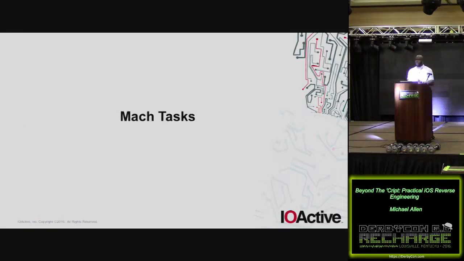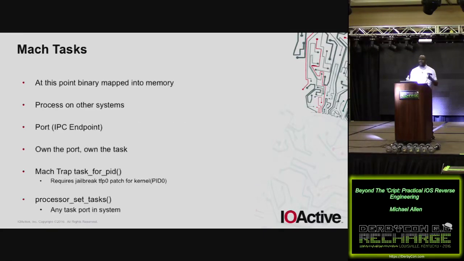So what are Mach tasks? At this point, the binary is loaded into memory, right? And on other systems, you would call this a process. In the world of Mac, this is a task. As with other systems, processes need to talk to each other, and so you have inter-process communication.